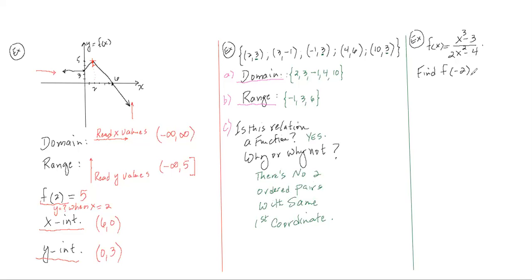So how do you do this problem? What is it asking you to do? Plug the -2 in for x. Correct. Replace all x's with -2, and please make sure that you put that in parentheses.